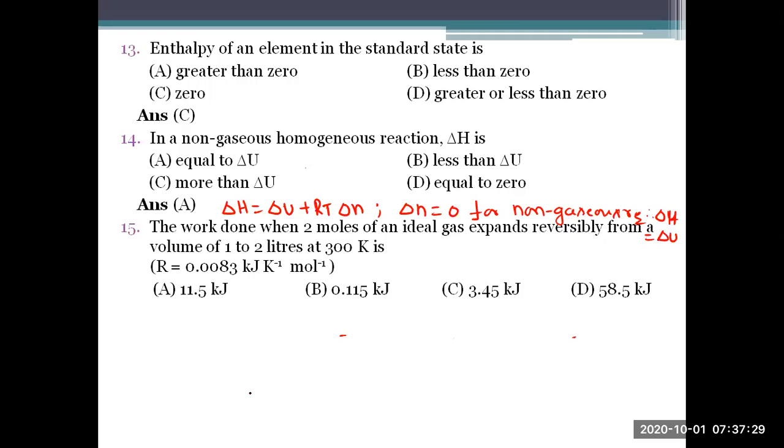The work done when 2 moles of an ideal gas expands reversibly from a volume of 1 liter to 2 liters at 300 Kelvin is.